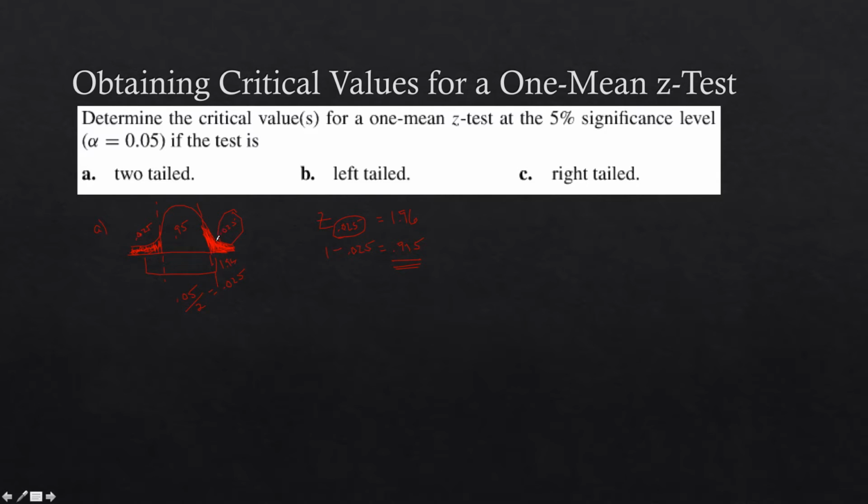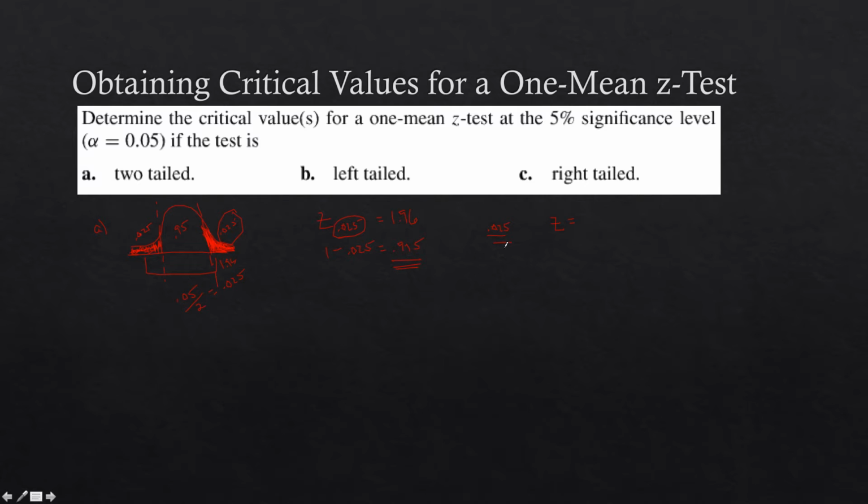0.025 to the left. Now, that's not going to be very difficult because we don't even have to do one of these z sub alphas. We just need to find 0.025 to the left. What is the z-score for that area? Now, remember, the table reads to the left. So you shouldn't have to do anything but just look it up in the table, since the table already reads to the left.